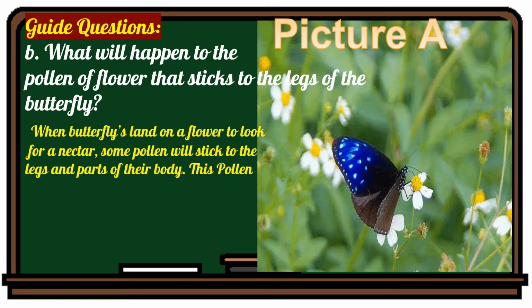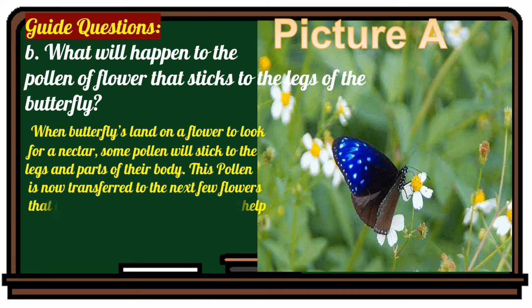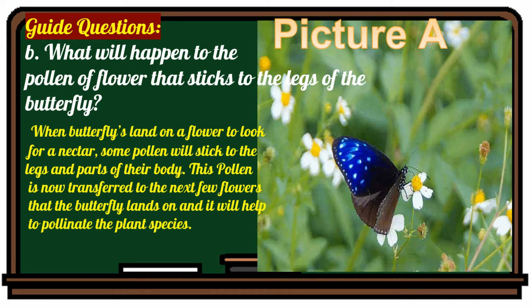Correct. When butterflies land on a flower to look for nectar, some pollen will stick to the legs and parts of their body. This pollen is now transferred to the next few flowers that the butterfly lands on, and it will help to pollinate the plant species.